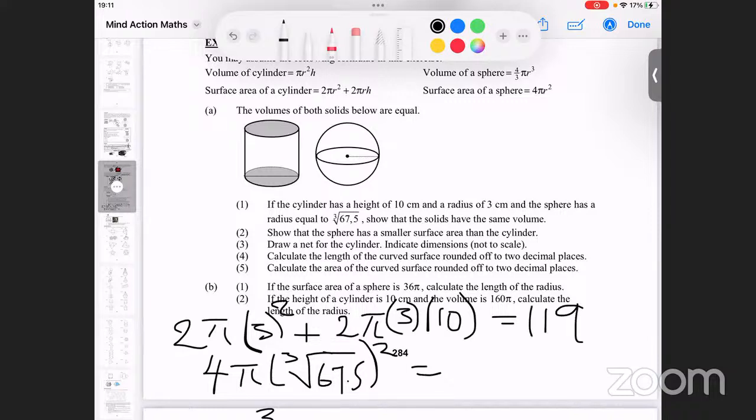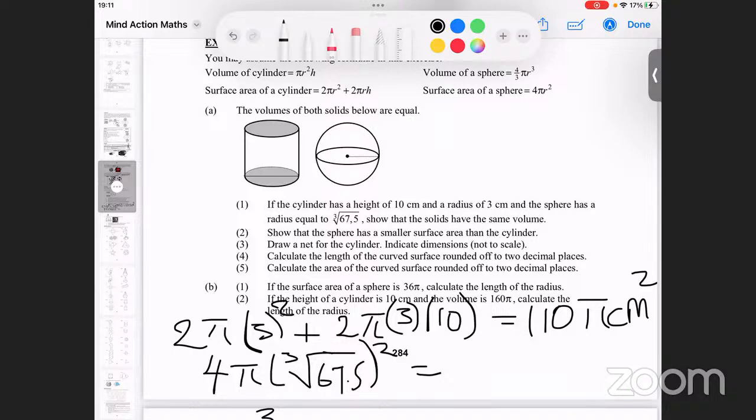It's 110 pi centimeters squared, because we are calculating area. And what are you getting for the second one? 4 pi into the cube root of 67.5 squared.